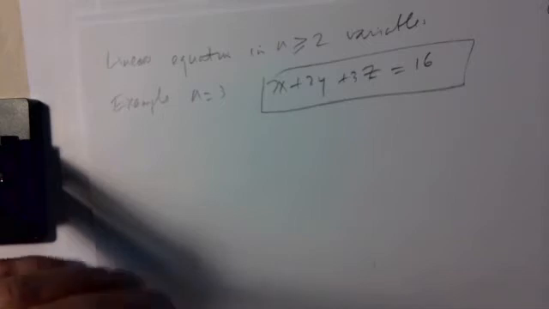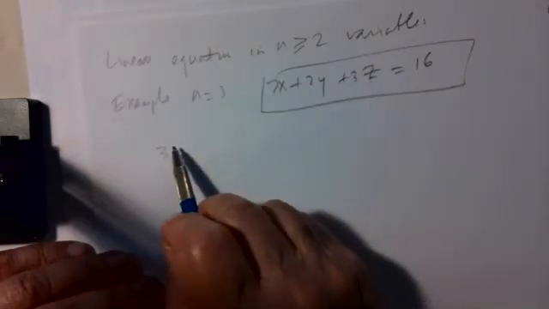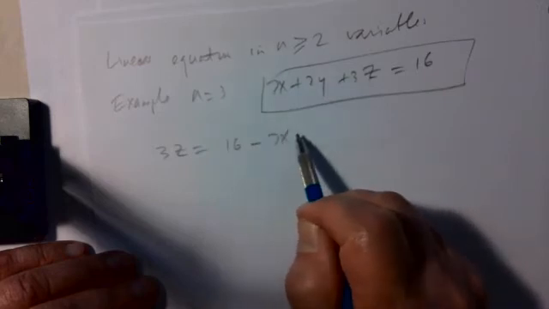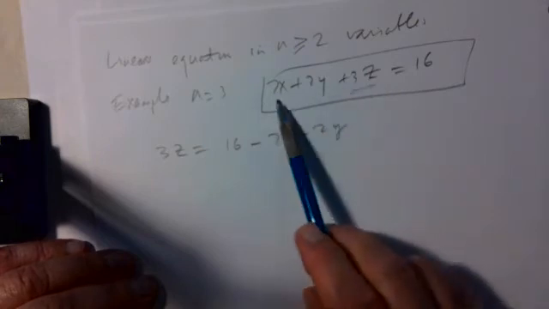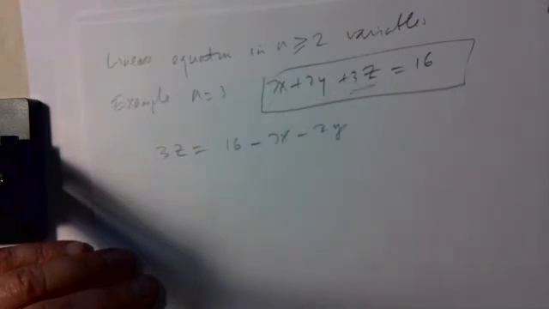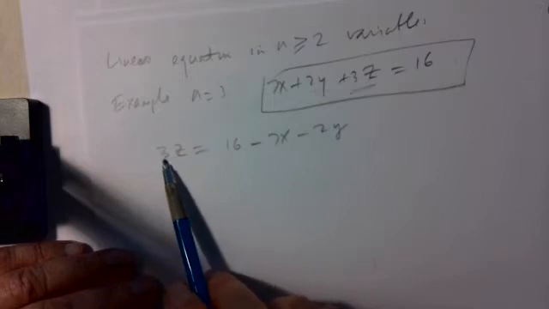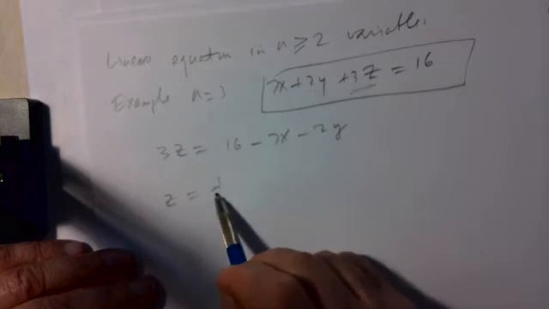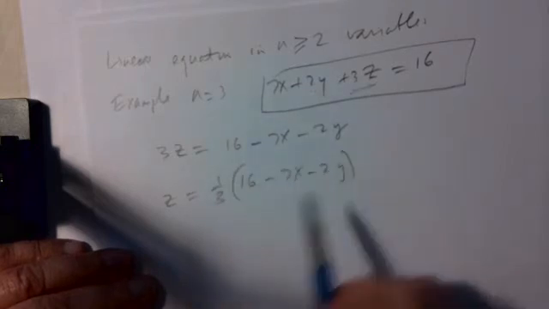Z. Z, okay. So let's try to solve this equation for z. This says 3z is 16 minus 7x minus 2y, right? I just brought these two terms to the other side. And because the coefficient of z is 3 and it's non-zero, I can divide by 3. So z is 1/3 (16 minus 7x minus 2y).